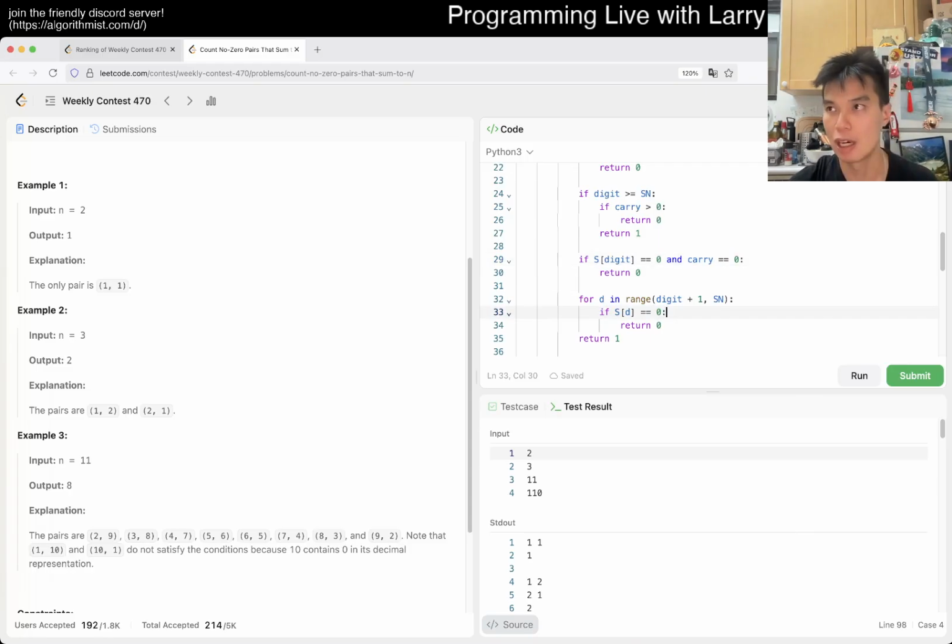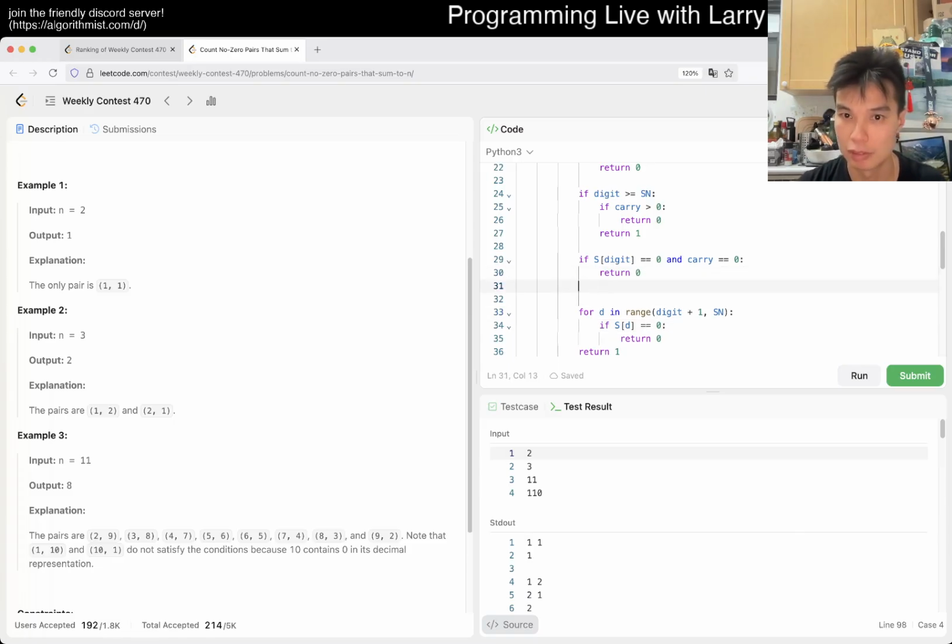Okay, so then now, do you handle the carry well, maybe? Okay, so if s of digit minus carry is equal to 0, return 0.